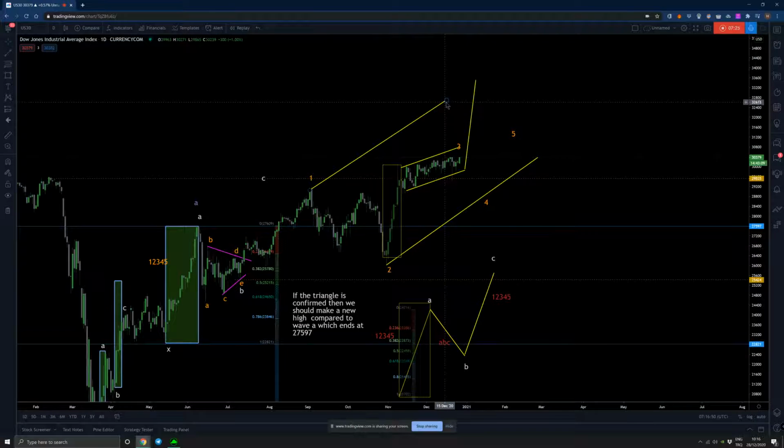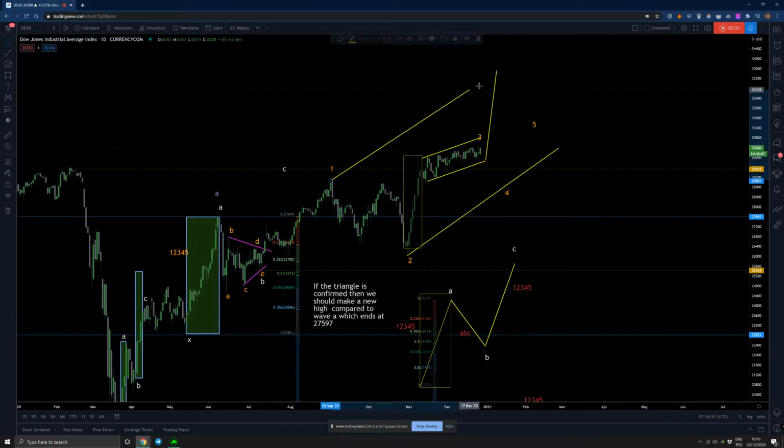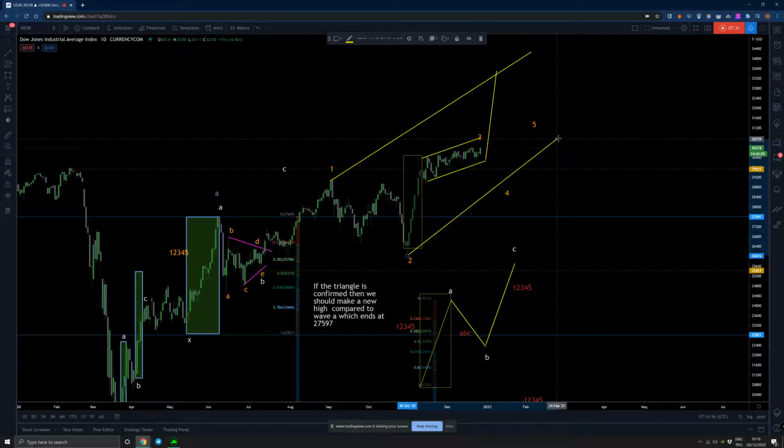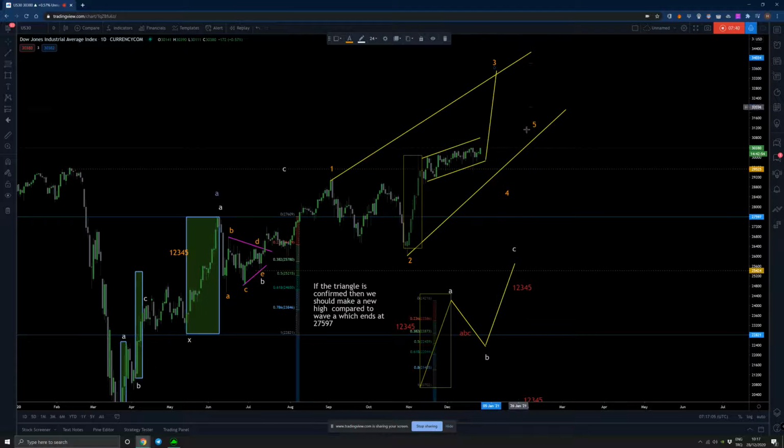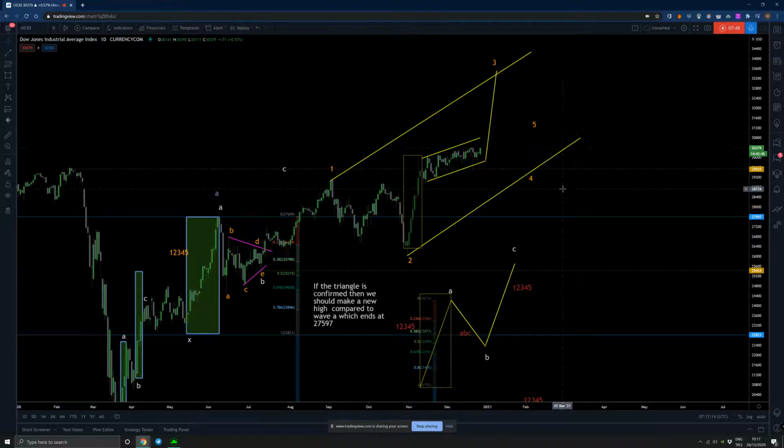In that case, I will be looking for something like this, for example, but then I would expect these lines to be not parallel. Okay, so if this is the third wave, I would like to see the fourth wave come to somewhere around actually here. Now why?